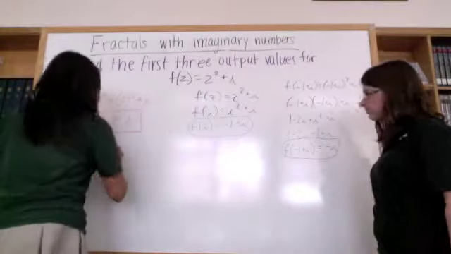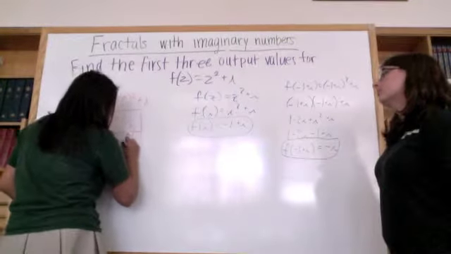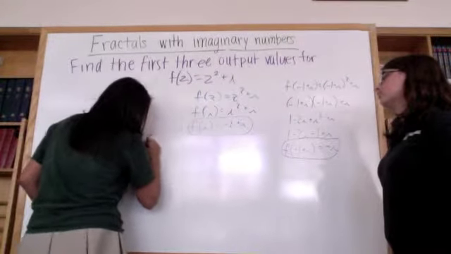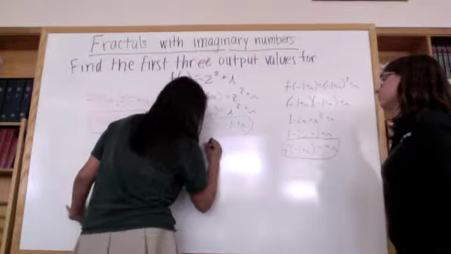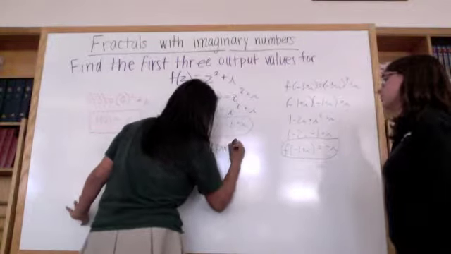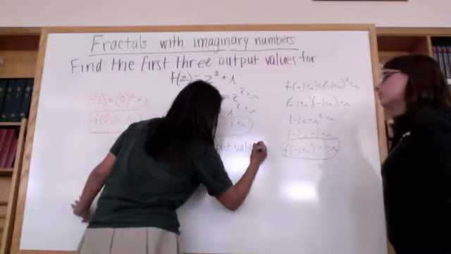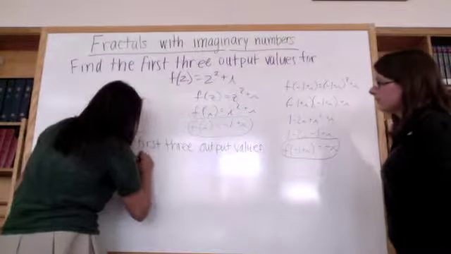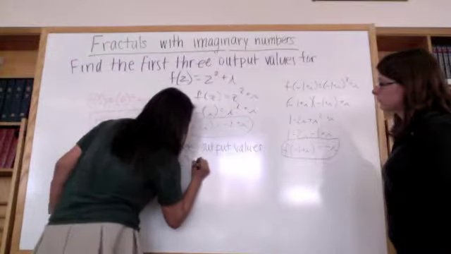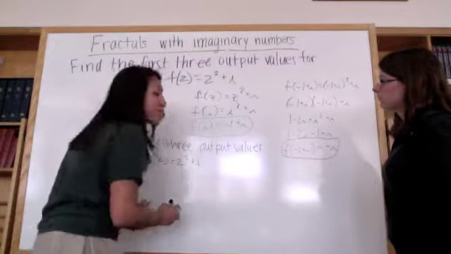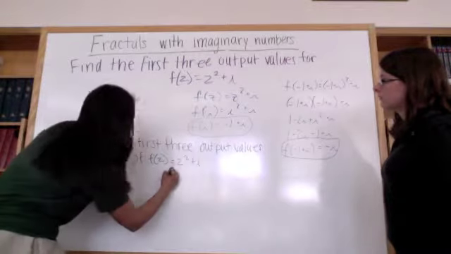So our answer will start: the first three output values of f of z is equal to z squared plus i will be i.